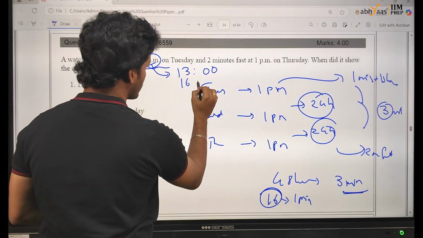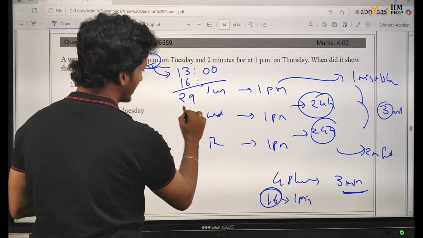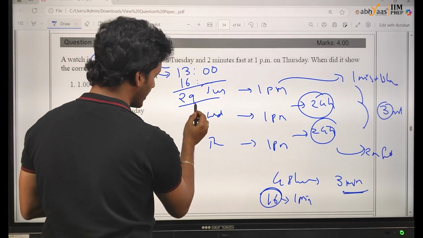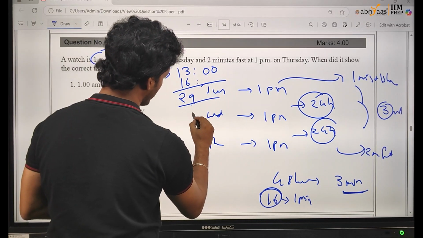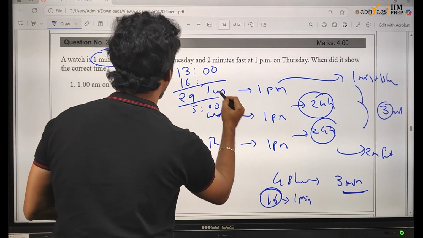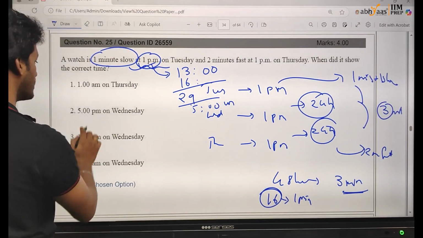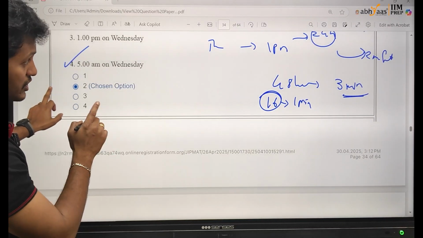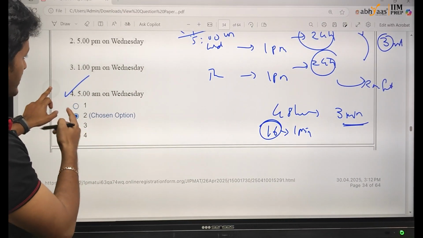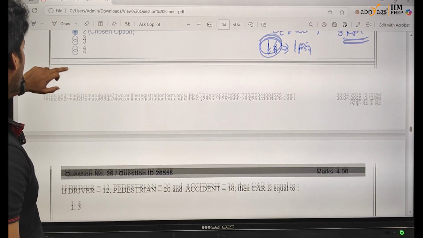So add to that, it is 29. 29 cannot be a thing. So if you remove 24 from that, that means after 12 o'clock midnight, it is 5 a.m. on the next day, that is Wednesday. So 5 a.m. on Wednesday is the answer. It's not 5 p.m. If you add 16 to 1, you will get 17, and 17 you can confuse with 5 p.m., which is not the right answer.